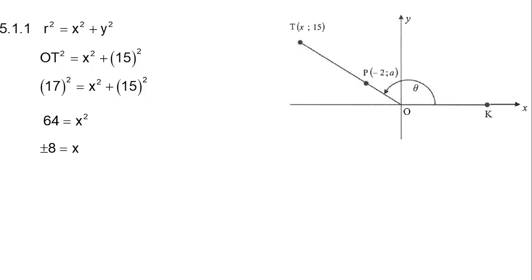Because your point T is on the second quadrant, you can see this vertical red dotted line, that it's meant to show you that you are dealing with the X, which is negative. So therefore, you conclude that your X is negative 8.